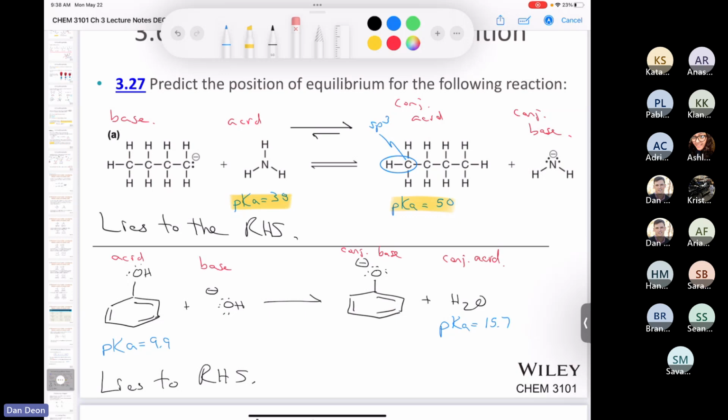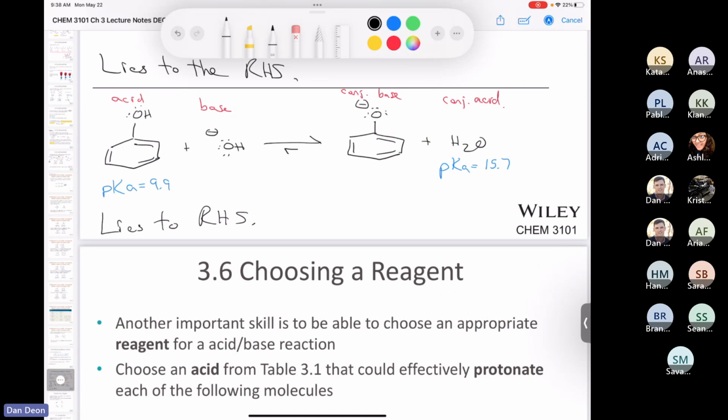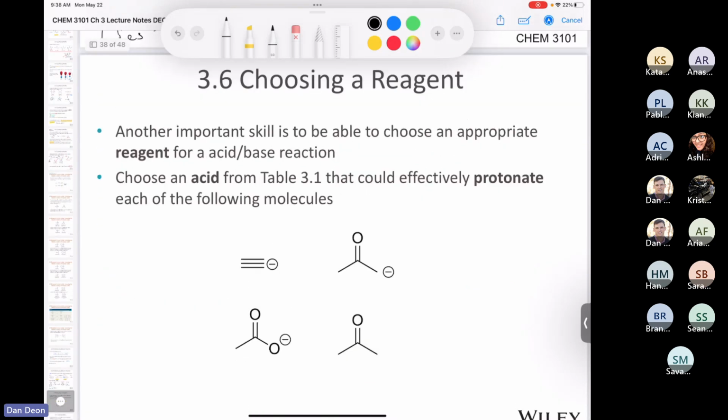Maybe I'll just erase this arrow and put a little tiny arrow down there like that. All righty, there we go. So either way, we can use ARIO or we can use pKa values, and we can determine which side the equilibrium lies to. All right, I'm going to skip this question here, and we'll come back to it later.